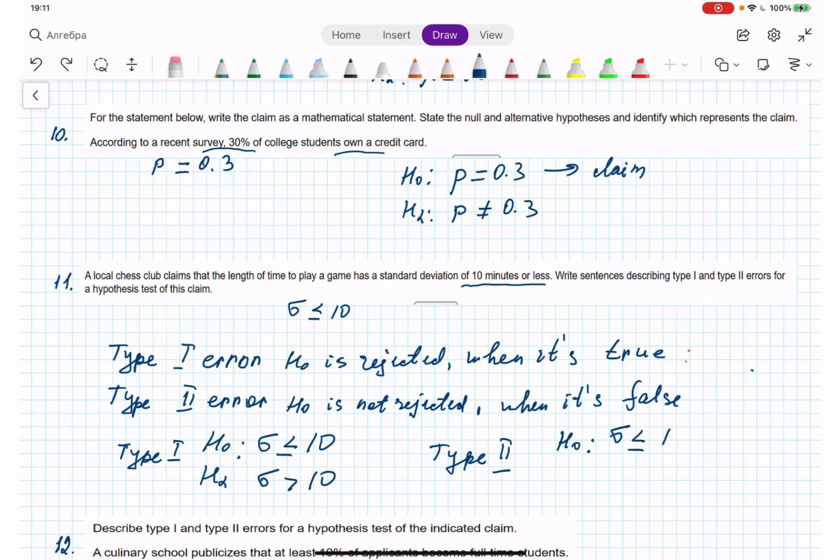We need to do the opposite. We are telling the false. The truth is it's less than or equal, but we claim that it's greater than. And we fail to reject, which means sigma is going to be less than or equal to 10. Okay. All right, moving to question number 12.